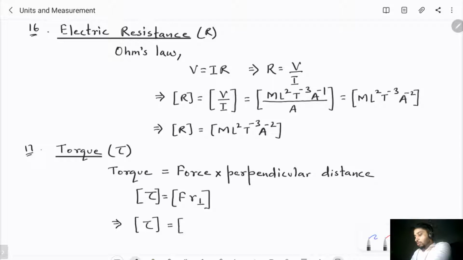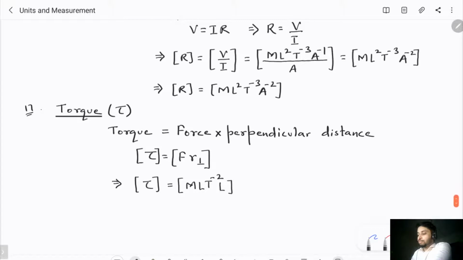The dimensional formula for force is M L T minus 2 and perpendicular distance is L. So upon simplification we'll get dimensional formula for torque as M L square T minus 2.